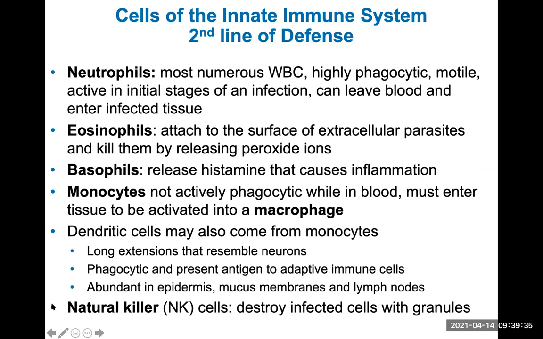Okay, now natural killer cells are their own group, and they are part of the innate immune system. They will look for cells that have been infected or cancerous, precancerous. These are cells that are no longer behaving correctly, and they will lose their MHC self-tag, and then they will be killed by natural killer cells.